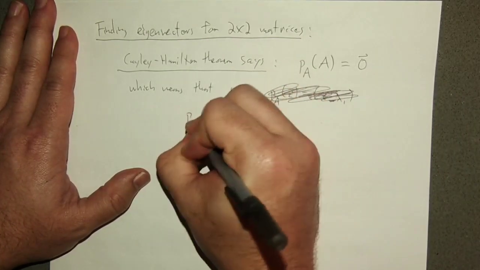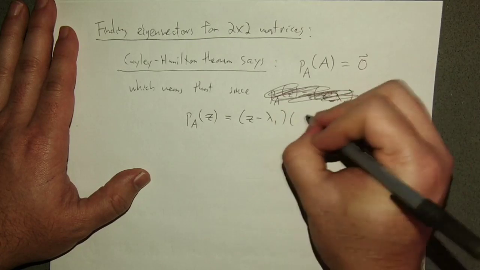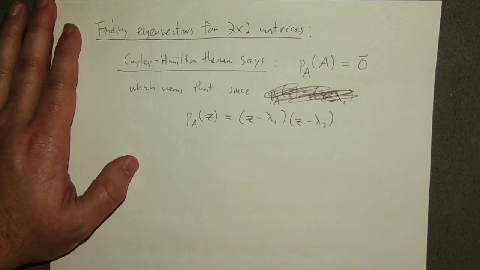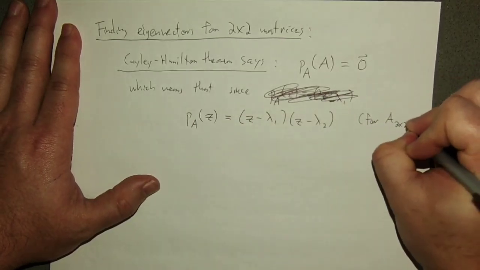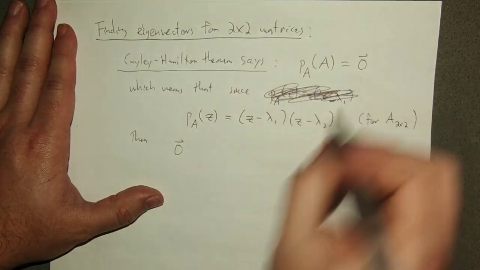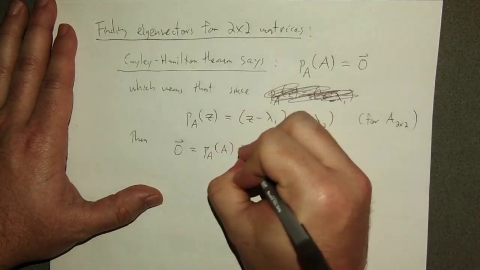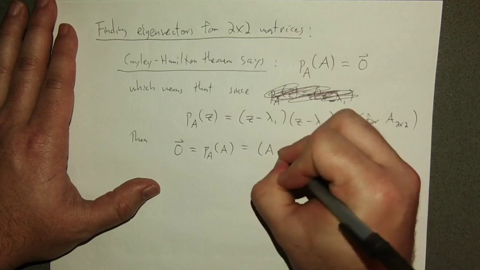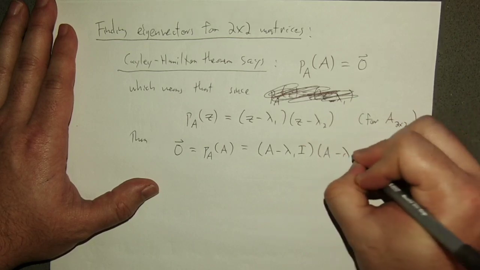So since P sub A of z is equal to (z minus lambda sub 1) times (z minus lambda sub 2) for a 2 by 2 matrix, so this is for a 2 by 2, then 0, that is the zero matrix by Cayley-Hamilton, is P sub A of A, which, using this fact, is (A minus lambda sub 1 I) times (A minus lambda sub 2 I).